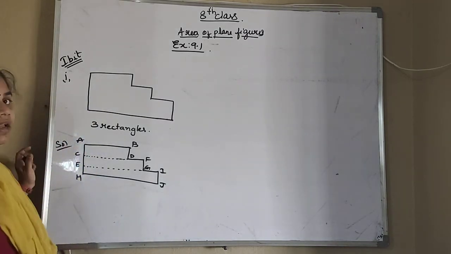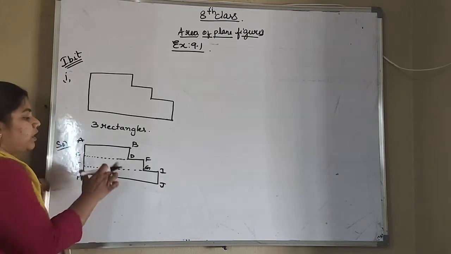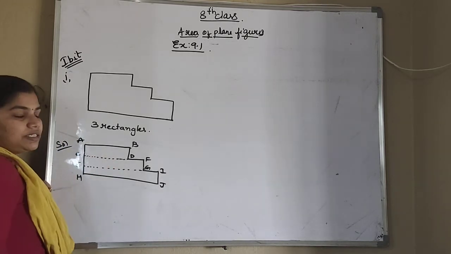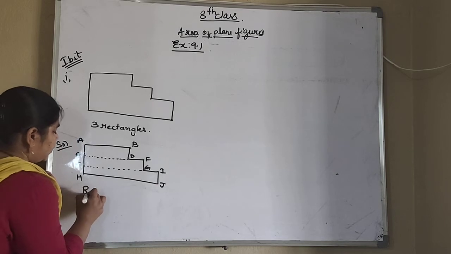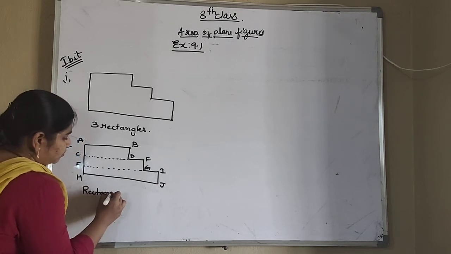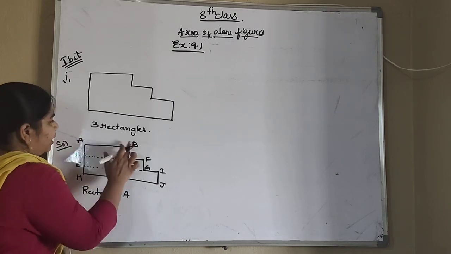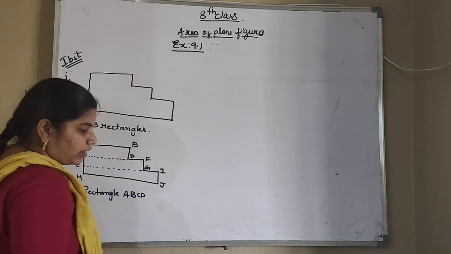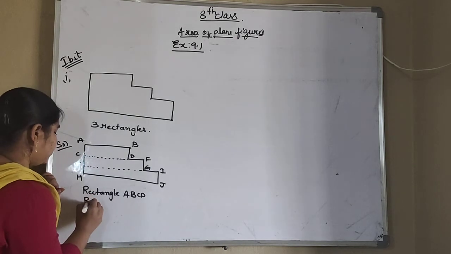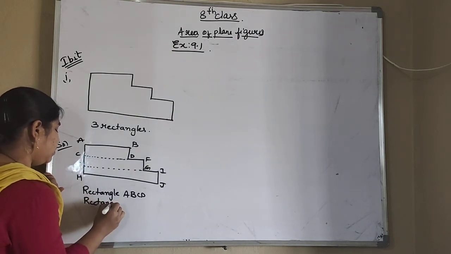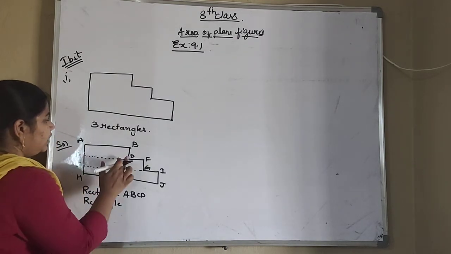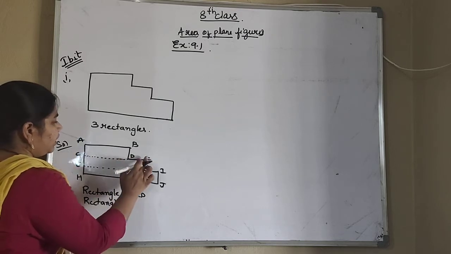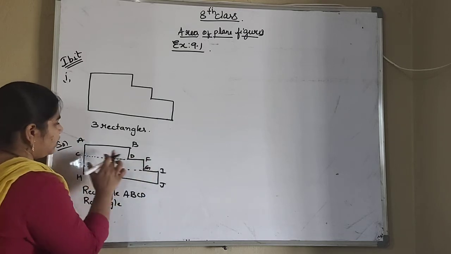So how many different rectangles have been formed? 1, 2, 3. Three rectangles. So what are the rectangles we will see? First is rectangle ABCD. ABCD is one rectangle. Next is rectangle CFGE.